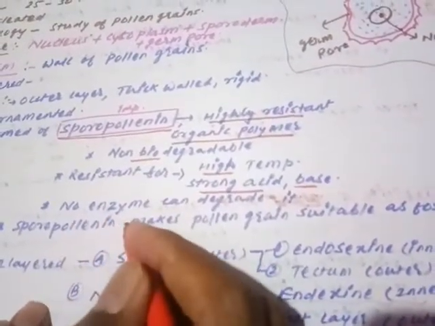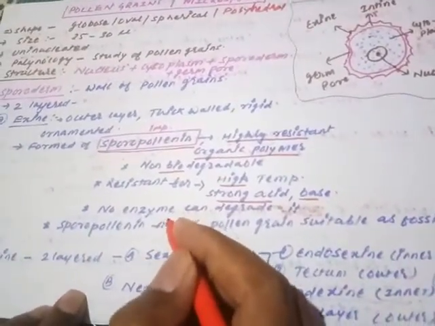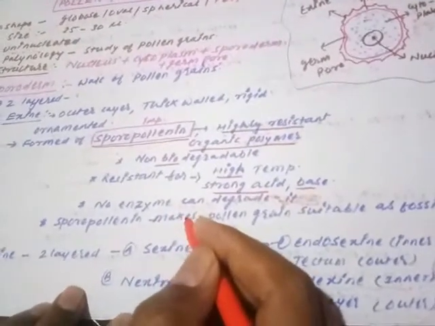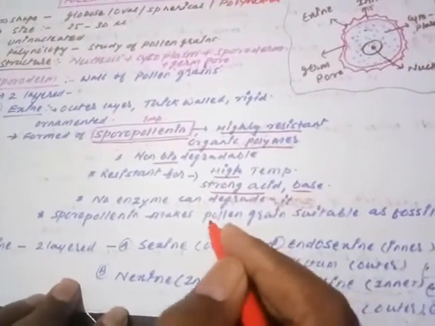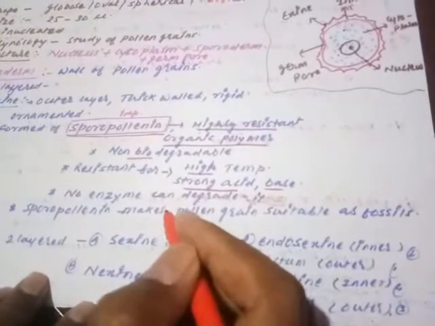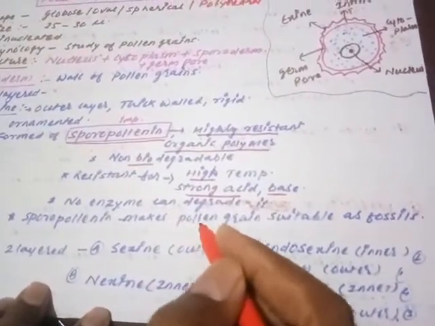Are you getting my point? Sporopollenin is a tough organic polymer which is non-biodegradable, resistant to high temperature, strong acids and strong bases, and no enzyme has been reported to date which can decompose it.